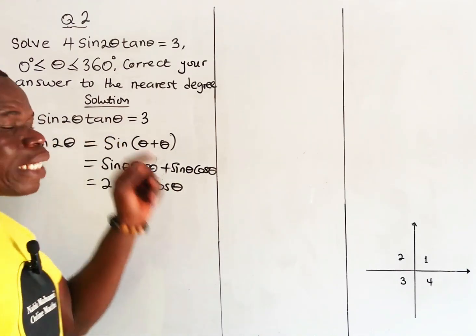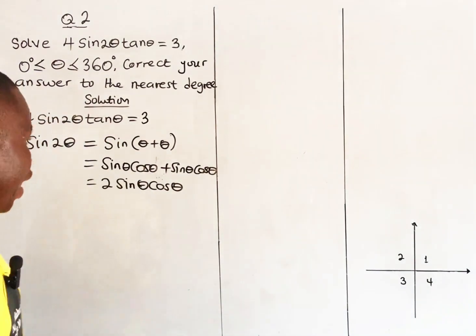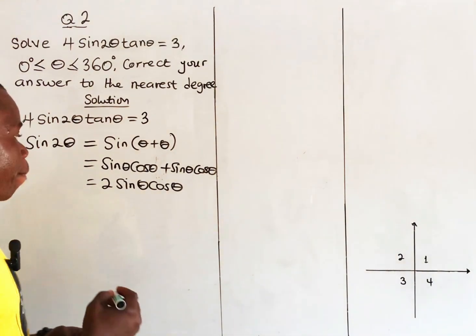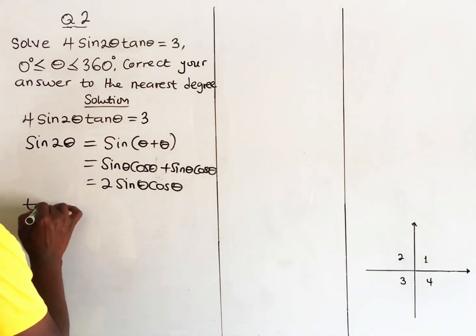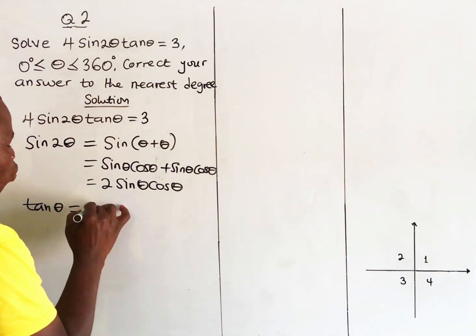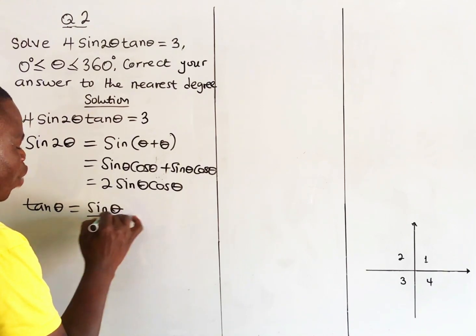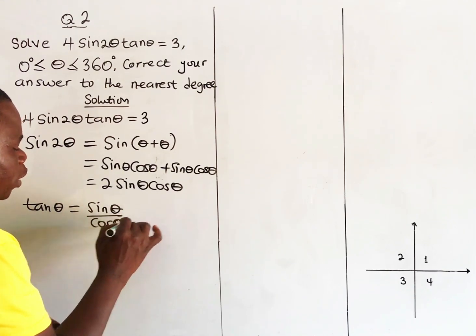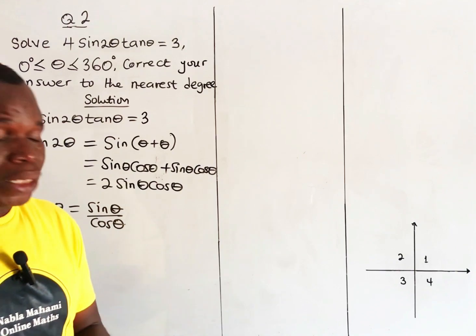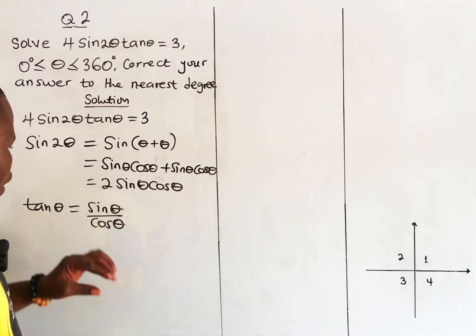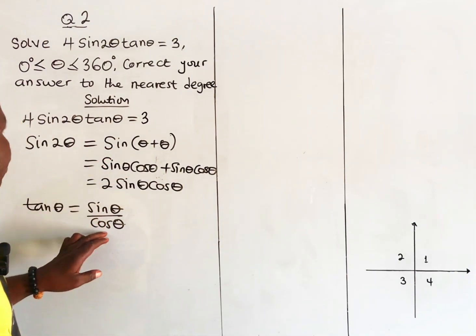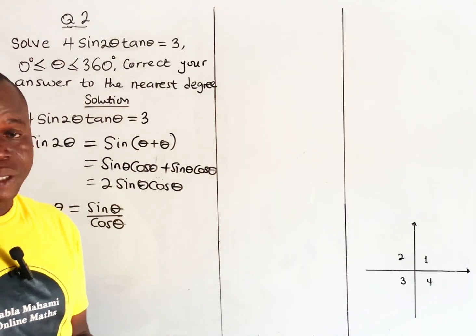After that, I will take tan theta and express it in its basic form. Tan theta is equal to sine theta over cos theta from trigonometry identities. Now I can substitute these into the equation given.